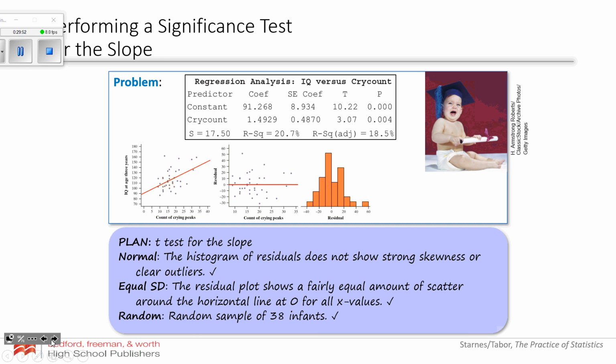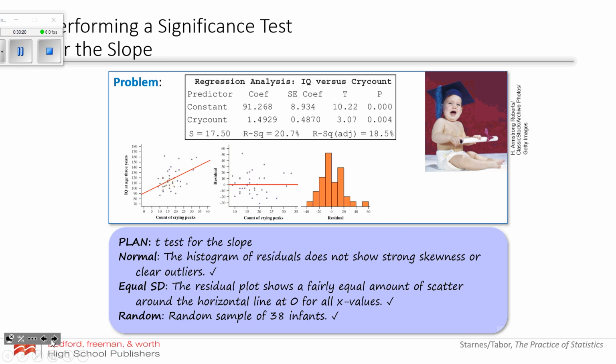And then N, how about the histogram of the residuals? It looks symmetric. Be careful, don't say it's approximately normal, because unless you check the 68, 95, 99.7 rule, you can't say it's approximately normal. You say it looks pretty symmetric. It maybe does have an outlier, but is it crazy extreme? No, so I think it's pretty good.